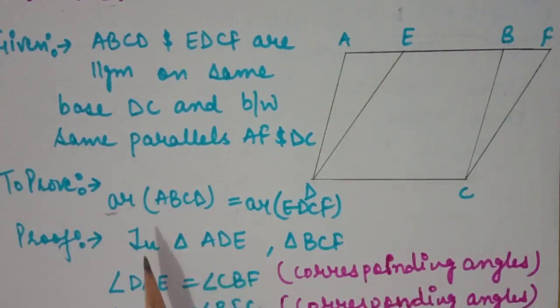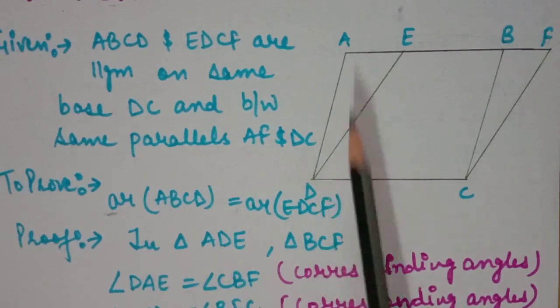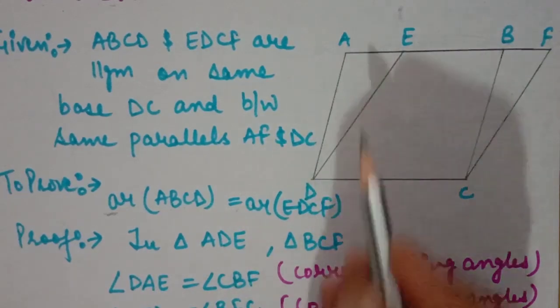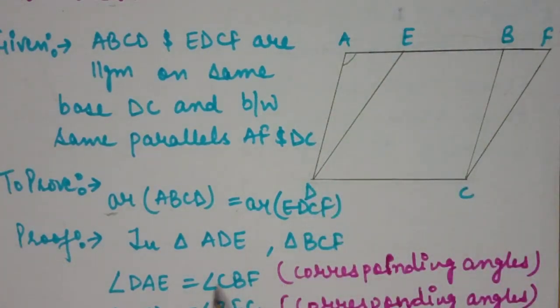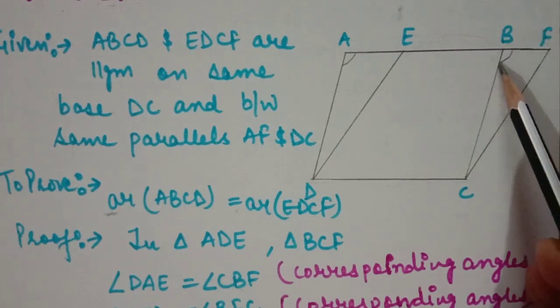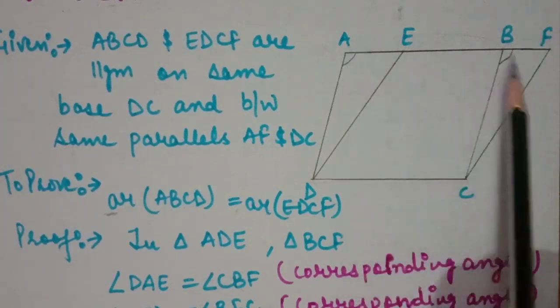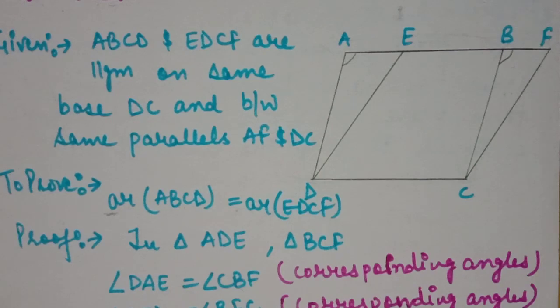First of all, we will write like this. In triangle ADE and triangle BCF, angle DAE, it means this angle, and angle CBF are equal to each other because they are corresponding angles.